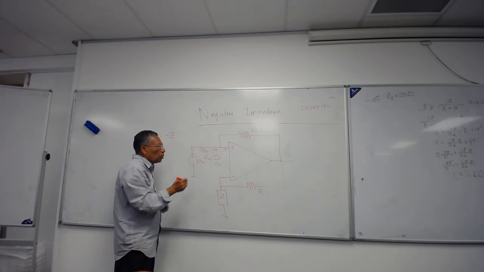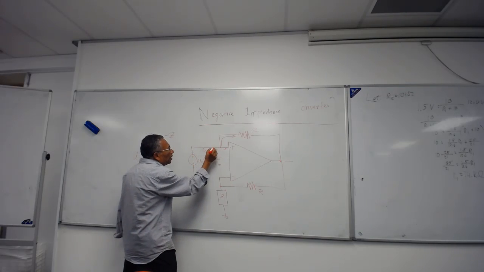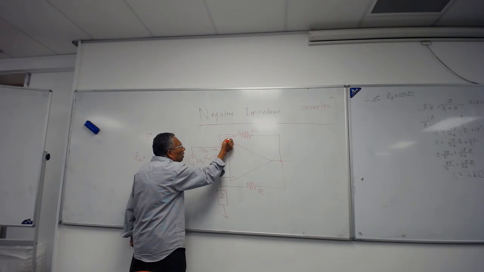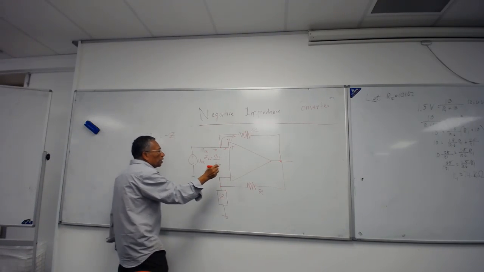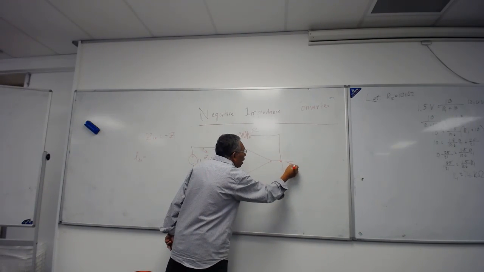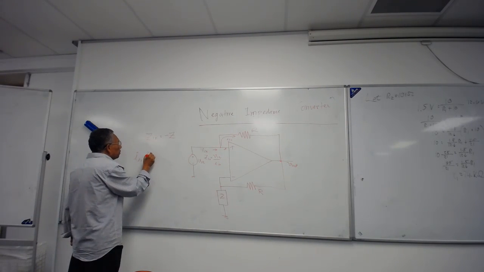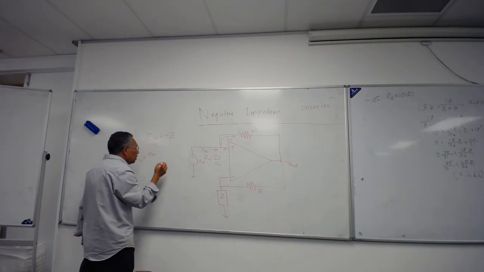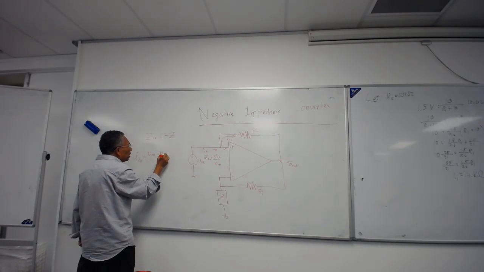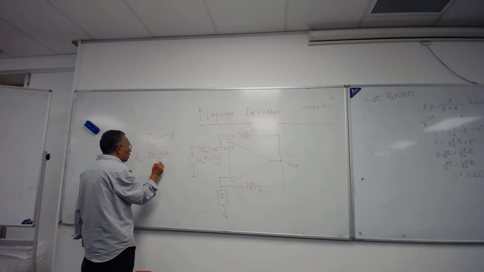No current. So the only current flowing is this way. Okay. So this is I in. This is also I in. Okay. Then I in is equal to, this is your V out. I in is equal to V in, because the direction is this way, so this must be higher potential. V in minus V out divided by R. Okay. This is your I in.